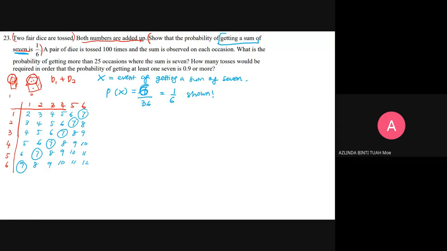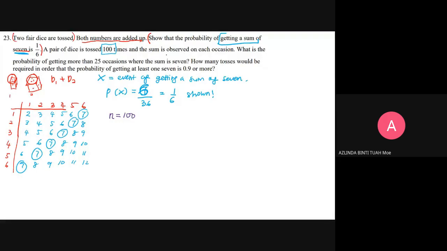Okay, next. A pair of dice is tossed 100 times. So ni number of trial. Dia cuba baling sebanyak 100 kali. So dah nampak bunyi macam binomial dah. Dia dah mula tunjukkan percubaan balingan sebanyak 100 kali.